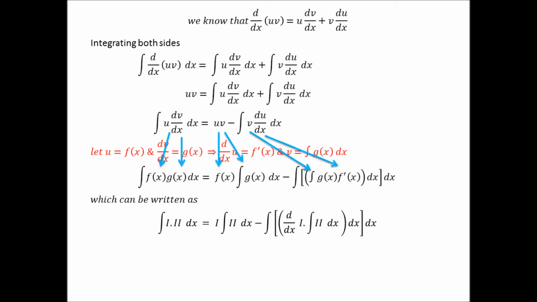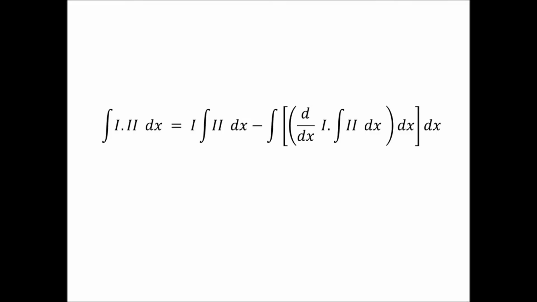So this is the derivation of how we obtain the formula for a product of two functions. So ultimately, integral of first function into second function is equal to first into integral of second minus integral of derivative of first into integral of second. So amazing, we got the formula to find the integral of a product of two functions, which is known as integration by parts.